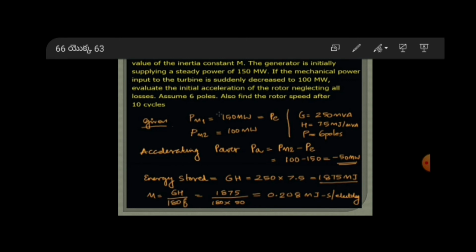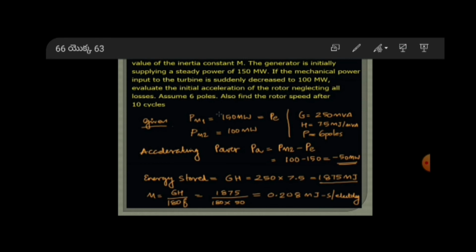First write down the given data. You have to know how to write the given data. What is PM1? That is the mechanical power 1, which is the rating of the turbo generator, 150 megawatts, equal to the electrical power. PM2, the mechanical power, is decreased to 100 megawatts.